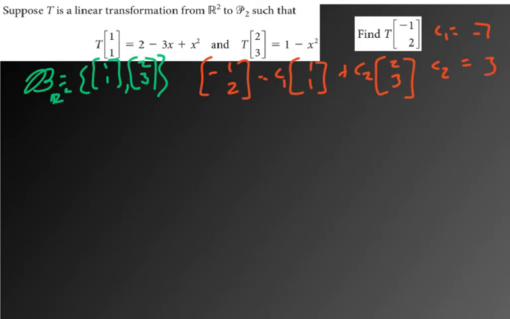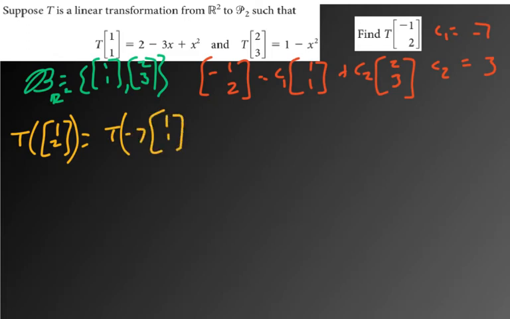And now this is the cool trick. You can just do T of (-1, 2), which is really T of negative 7 times (1, 1) plus 3 times (2, 3). That's because that's what (-1, 2) is in terms of that basis for R2.